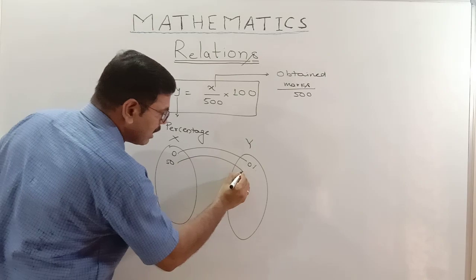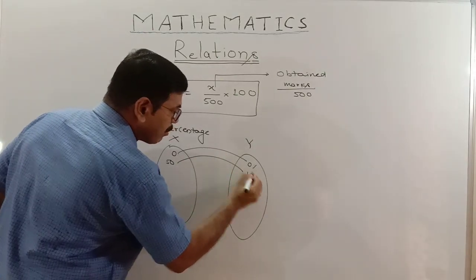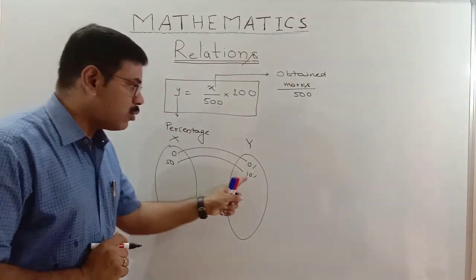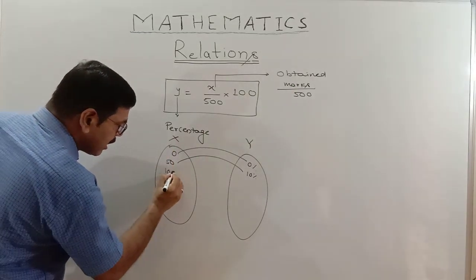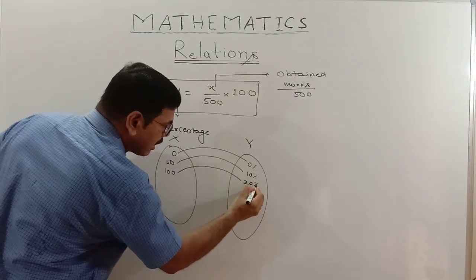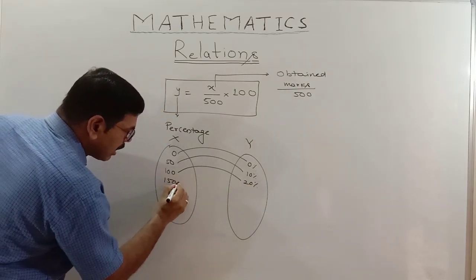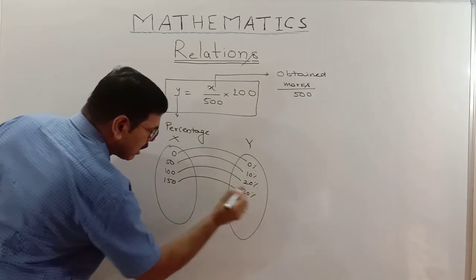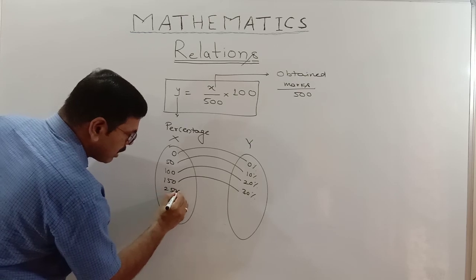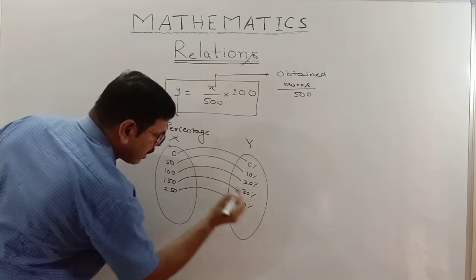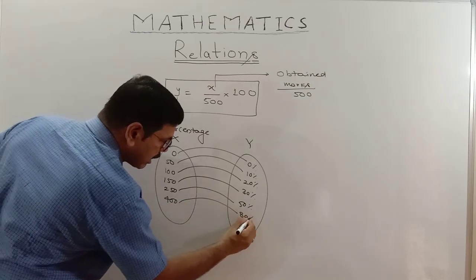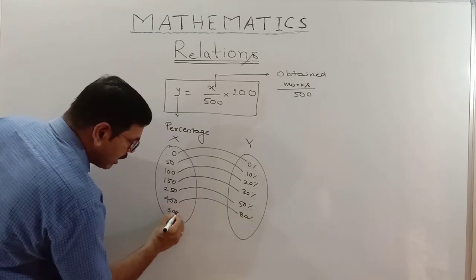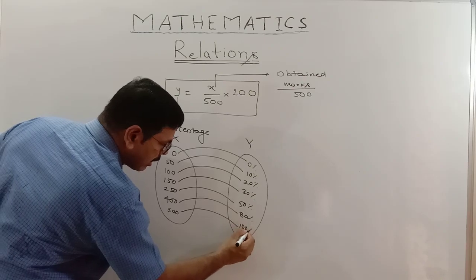So 50 marks are related to 10%. 50 is related to 10. 0 is related to 0. 100 is related to 20. And 150 is related to 30. Similarly 250 is related to 50. Similarly 400 is related to 80. And similarly 500 is related to 100.